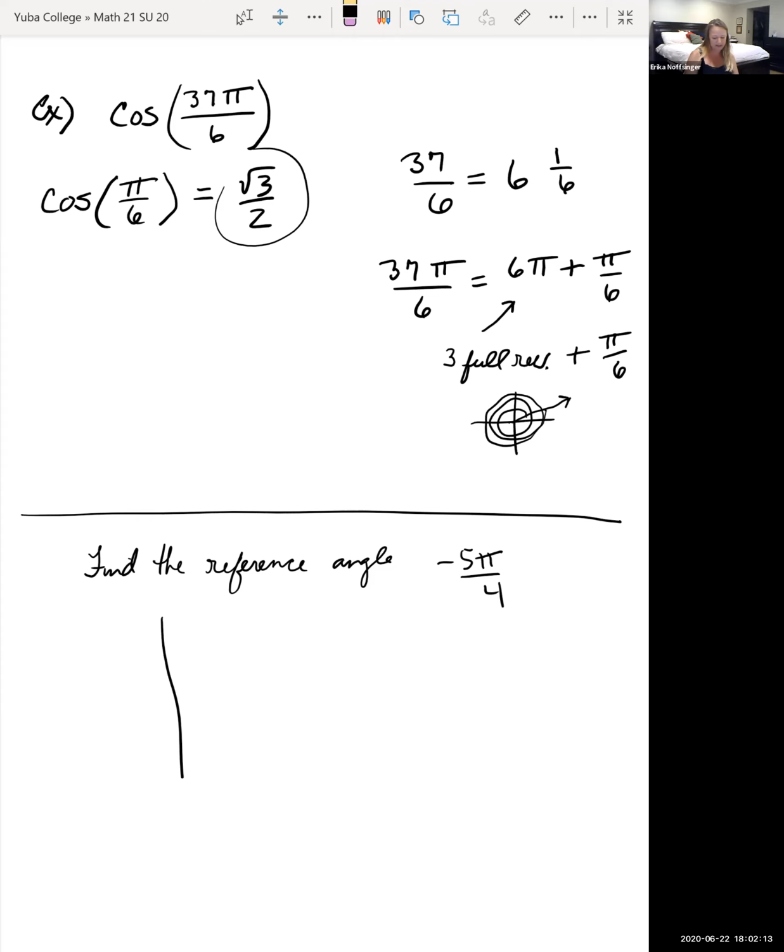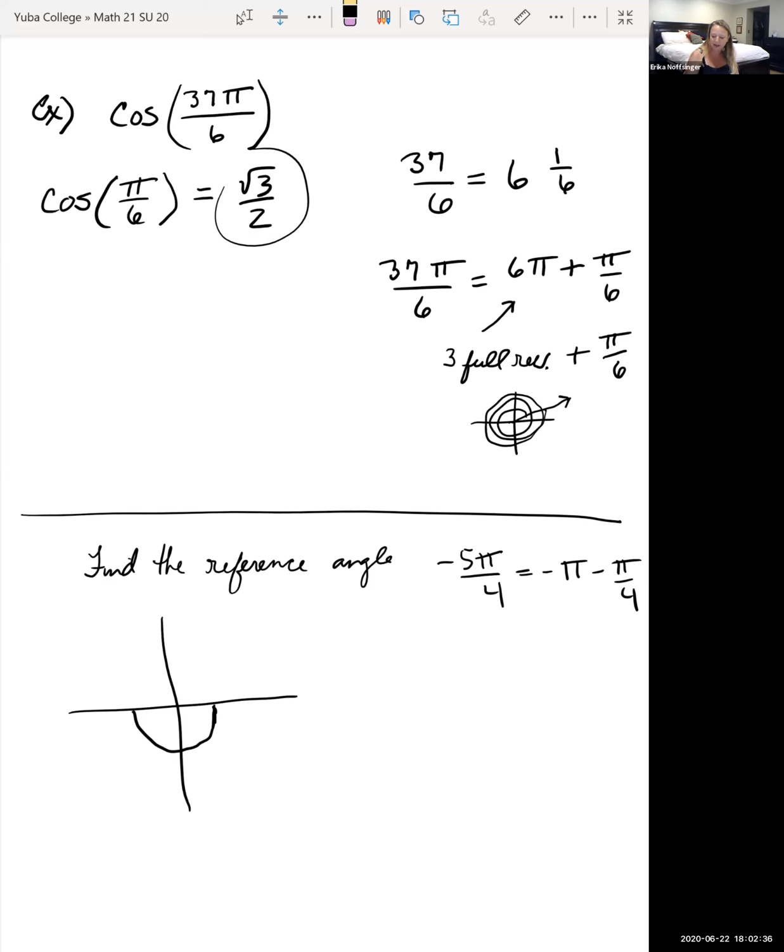I always tend to graph it. I notice that this goes in there one time, so I'm going to be about a negative pi. So I know negative pi is clockwise, so I'm going to start and go clockwise. So this is the same thing as negative pi minus pi fourths, because there's one left over.